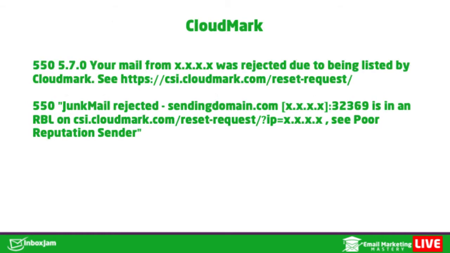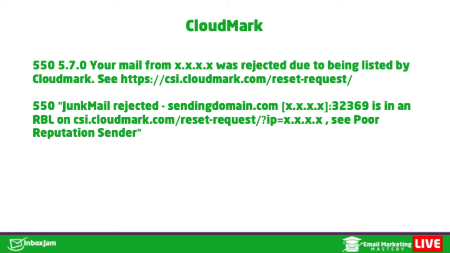So here's two examples from Cloudmark. Cloudmark is most probably one of the biggest corporate spam filtering and blacklisting companies out there. They've got their own spam trap network, all that kind of stuff.